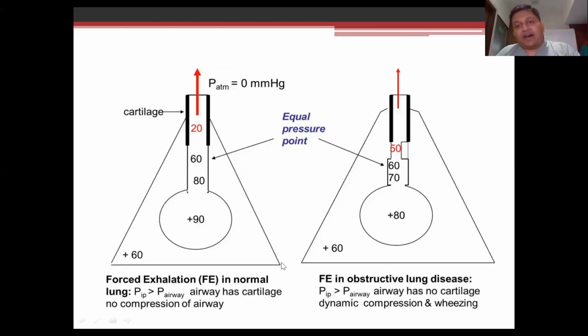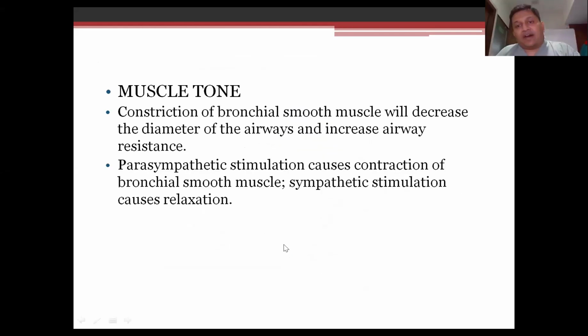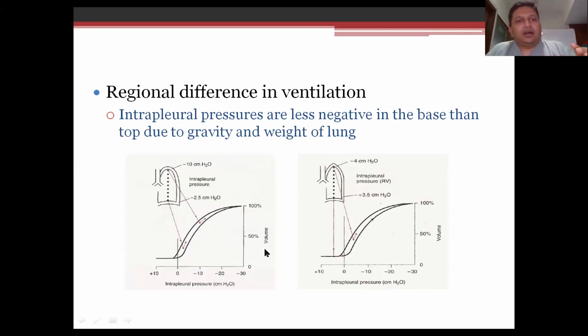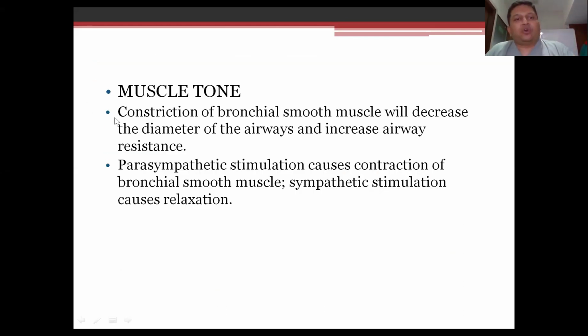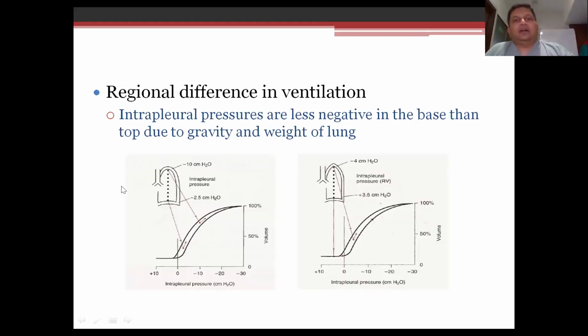The resistance, as we see, will depend on the airway diameter, on the lung volume, on the elastic recoil, and the muscle tone of the airway is also important, because as we know, in asthma the smooth muscle gets relaxed. So if there is less muscle tone, then your airway also collapses. Parasympathetic stimulation causes constriction of the bronchial muscle, so there could be a bronchospasm also. So those four factors decide the resistance.